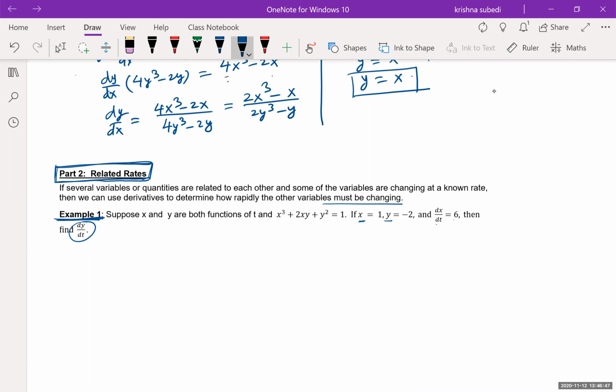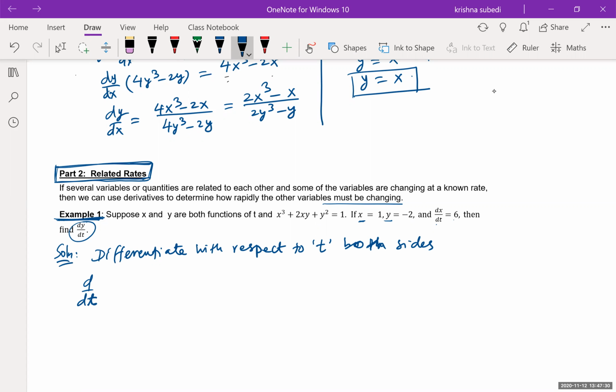Same idea that we learned in the previous section, in part 1. Step 1: differentiate both sides with respect to t. So then you'll have d over dt, not dx, dt.